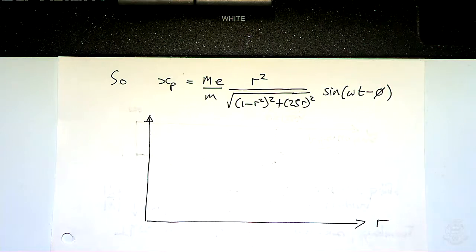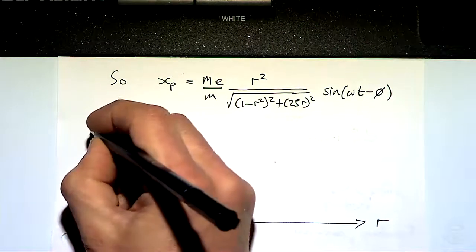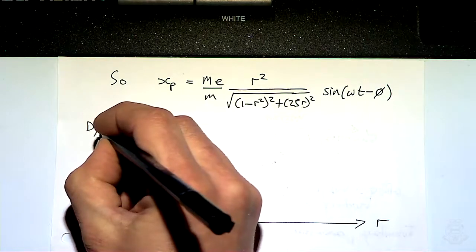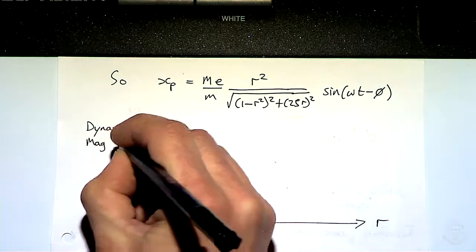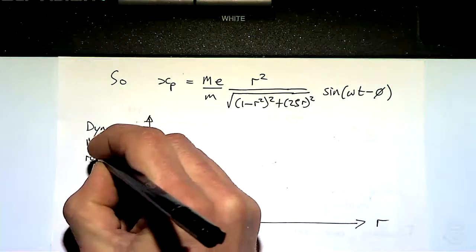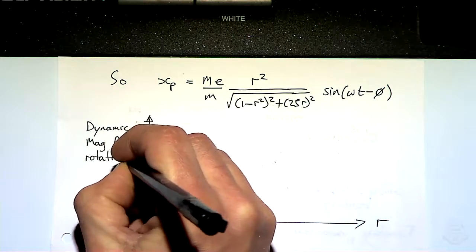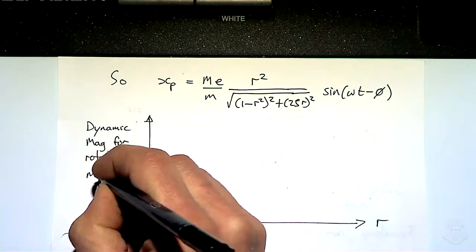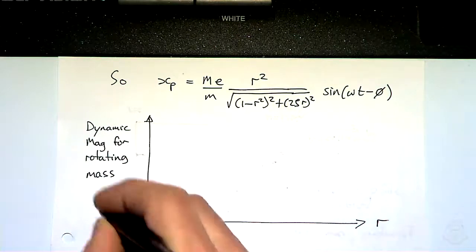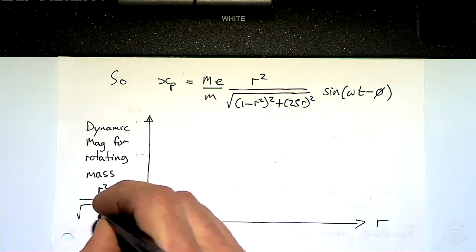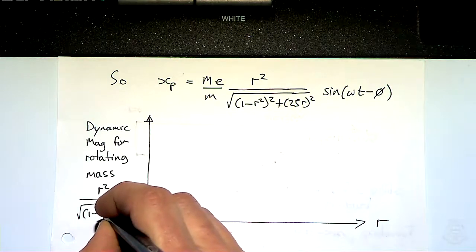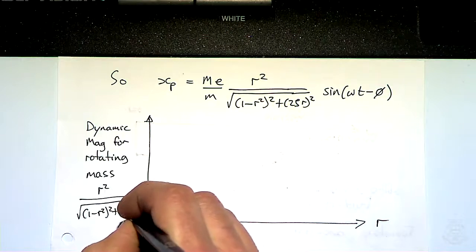Frequency ratio R. What we need to draw here is the dynamic magnification, which is r squared over the square root of (1 minus r squared) plus (2 zeta r) all squared.